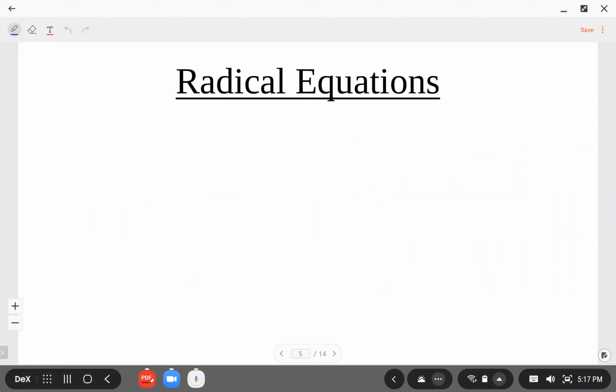So radical equations, anyone? Radical equations are algebraic equations that have radicals in them, obviously. Let's start with some basic ones.